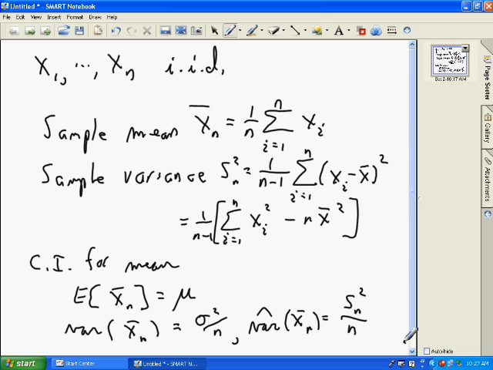Of course, that's the variance, but we don't know sigma squared, so we have to estimate the variance. So our confidence interval is really based on the estimate for the variance of the sample mean. Okay, and from there we build a confidence interval. Any questions on that? That's kind of just review of what we've already had.